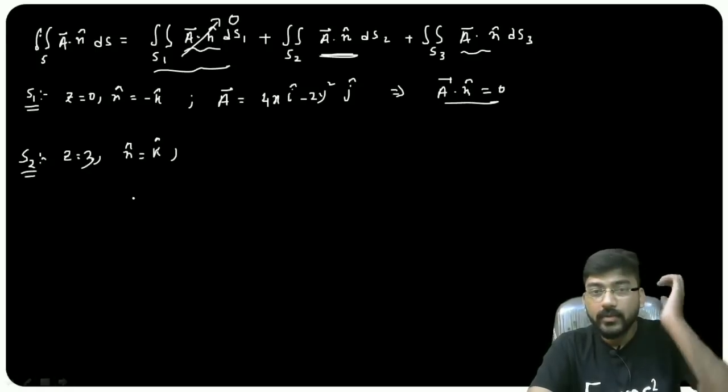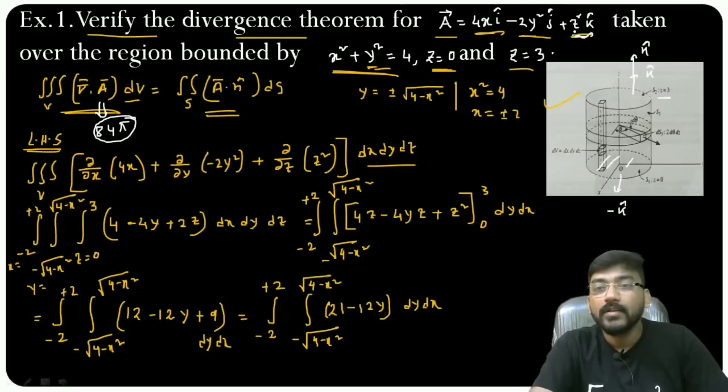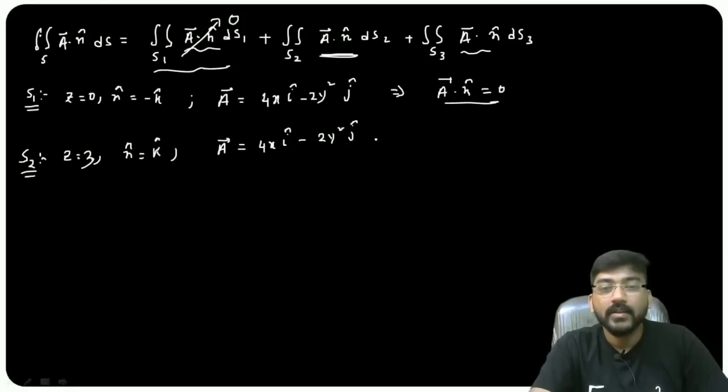So now what will be a? a will be 4x i cap, this term will be unchanged, minus 2y square j cap, and now the last term will be z square, that means 3 square, that is 9 k cap. Now when you take the dot product, a dot n cap, k cap and k cap will be 1, so it will be 9 just, other terms will be 0.